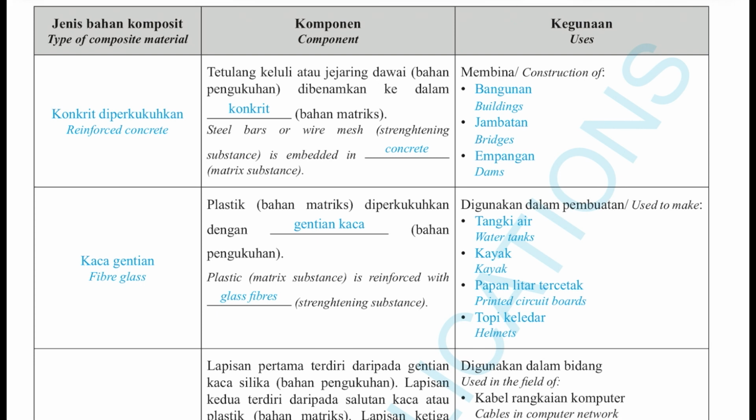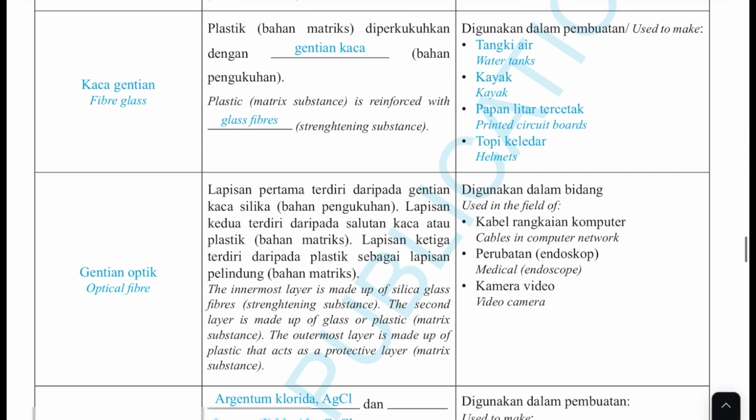Fiberglass. It is a composite material. Okay, so the component is a plastic. Plastic is a matrix substance reinforced with glass fibers. Glass fibers is a strengthening substance used to make water tanks, kayak, printed circuit boards, helmet.